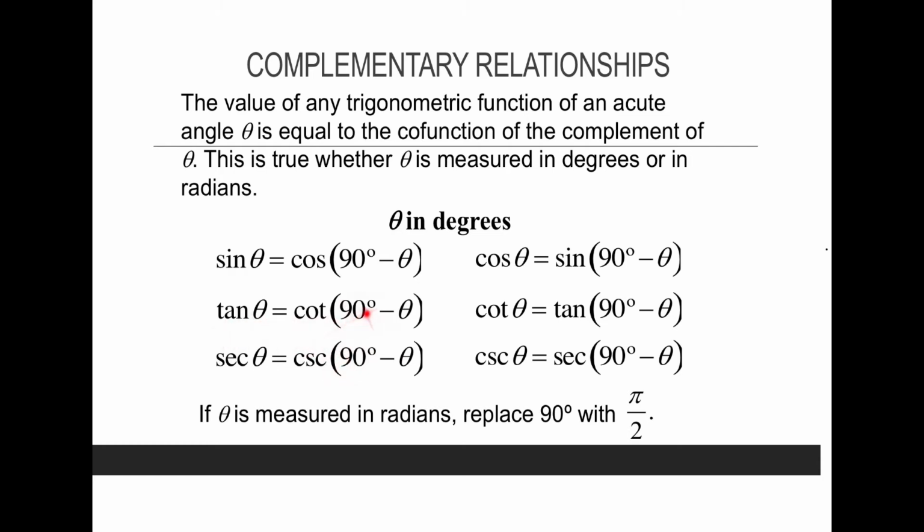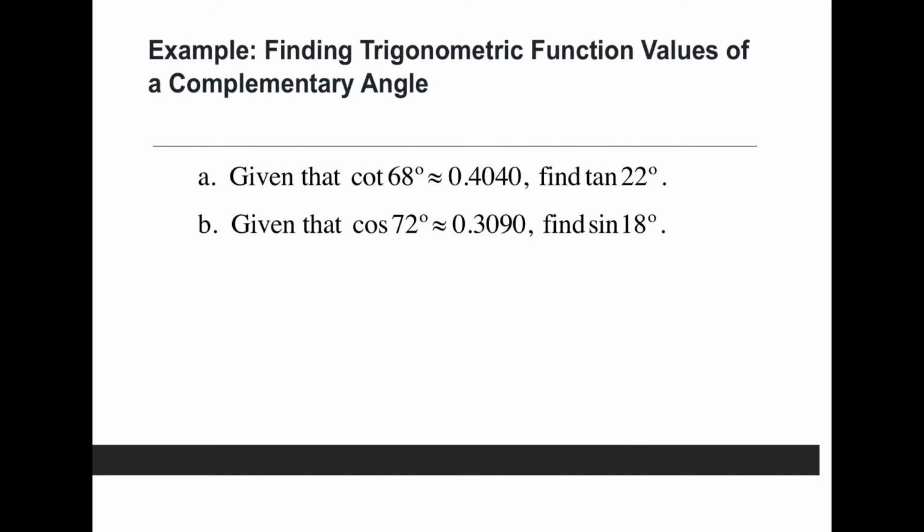Tangent will be equal to cotangent if we subtract it from 90, and vice versa, secant and cosecant. And if theta is measured in radians, then we can replace 90 degrees with pi over 2. So, finding trigonometric functions of values of a complementary angle.